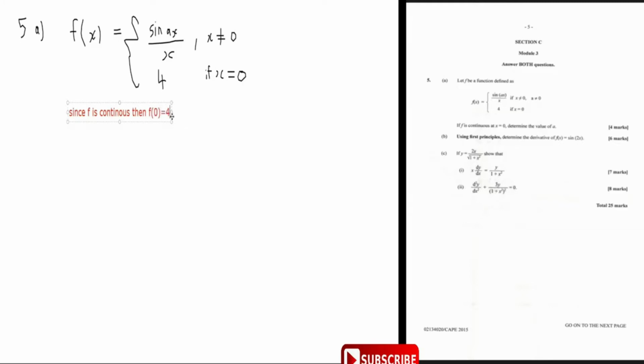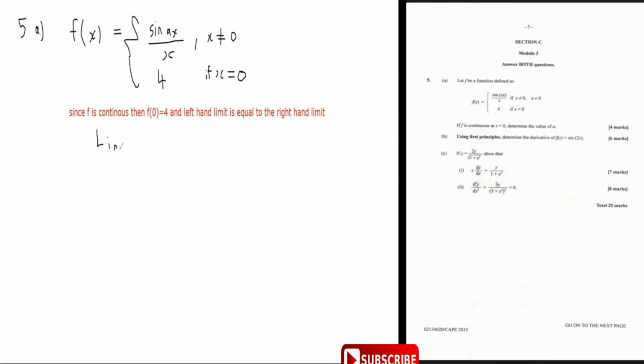And the left-hand limit is equal to the right-hand limit. The part that we're really going to utilize is the fact that the left-hand limit is equal to the right-hand limit.